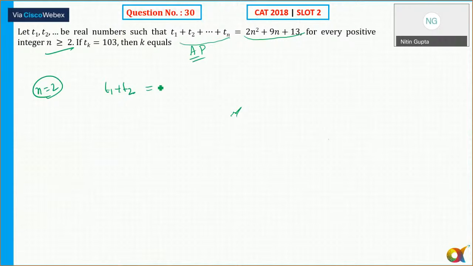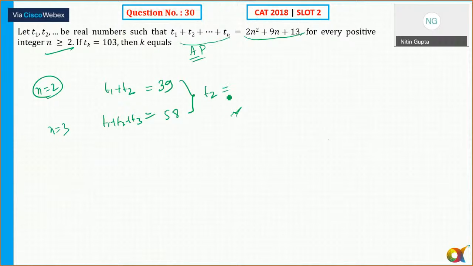That is 39. 2 square is 4, times 2 is 8, 9 times 2 is 18, so that is 39. So the sum of the first two terms is 39. Put n equal to 3. So I'll get T1 plus T2 plus T3. At n equal to 3, 3 square is 9, times 2 is 18, 9 times 3 is 27, 27 plus 18 plus 13 will be equal to 58.